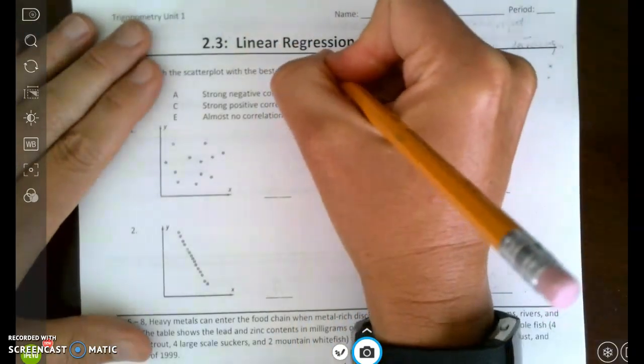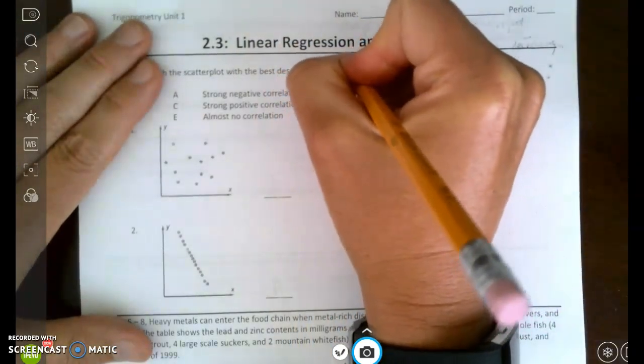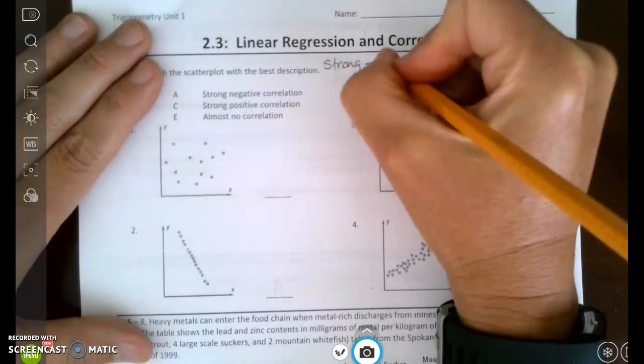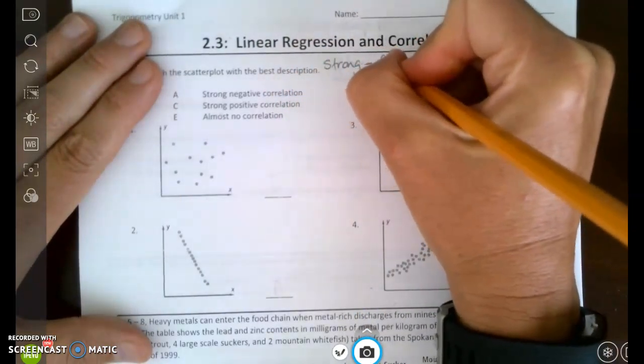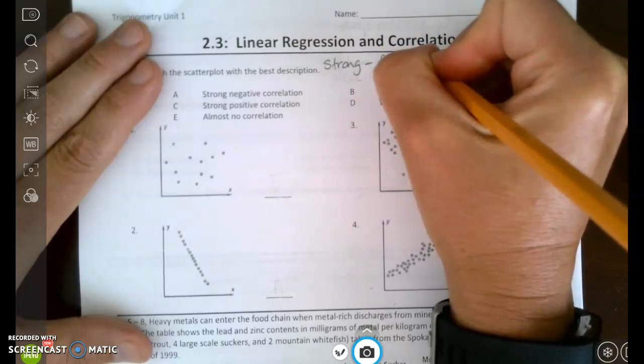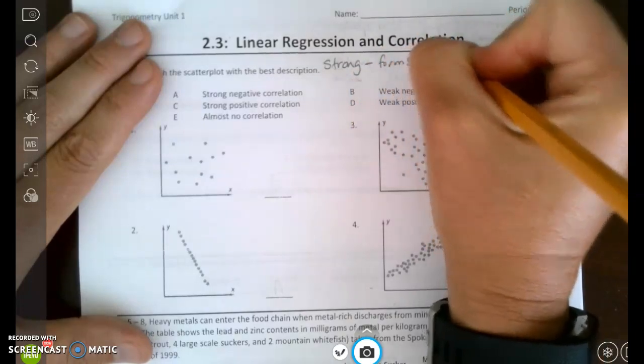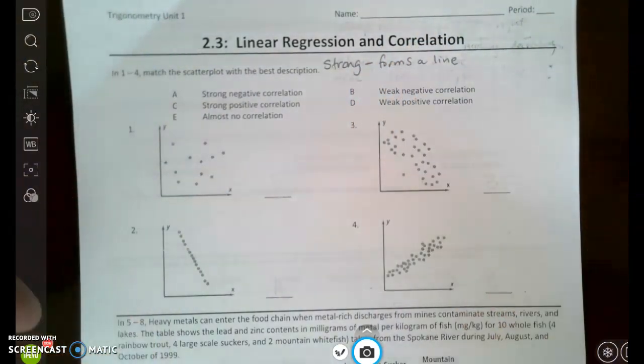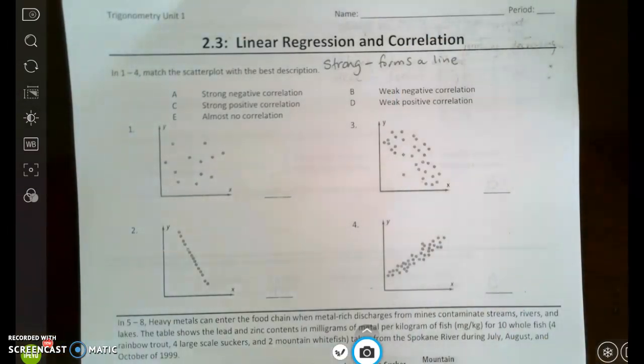So a strong correlation would mean it forms a line. Now, not a perfect line, but the graph looks linear for all intents and purposes.